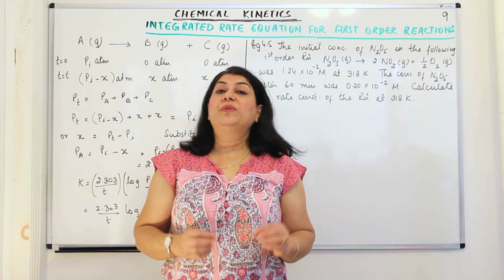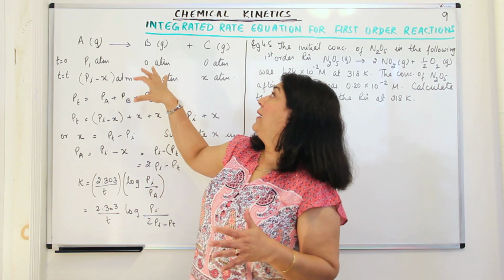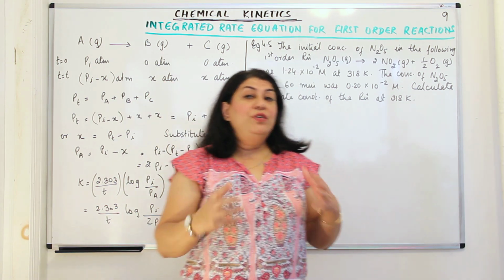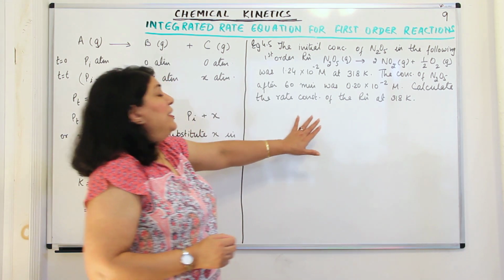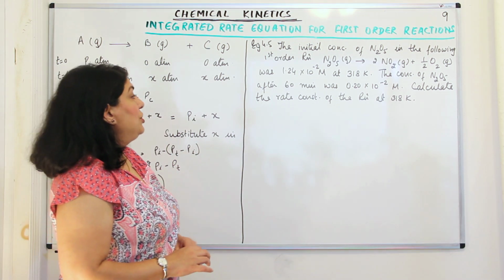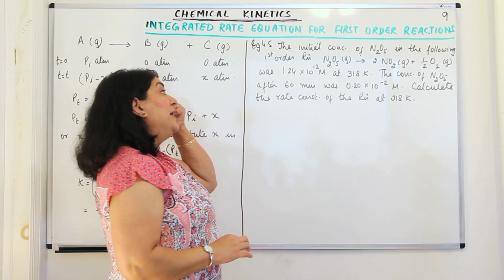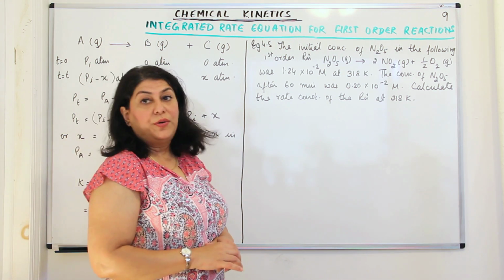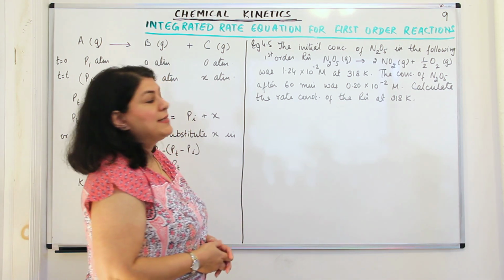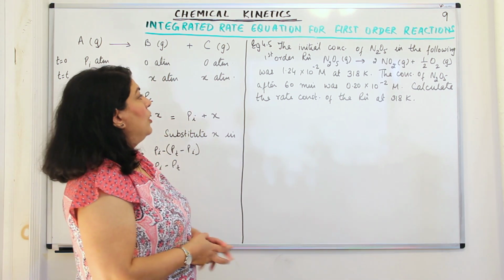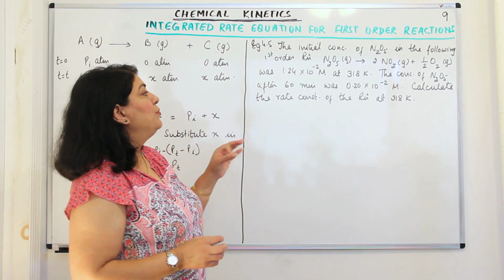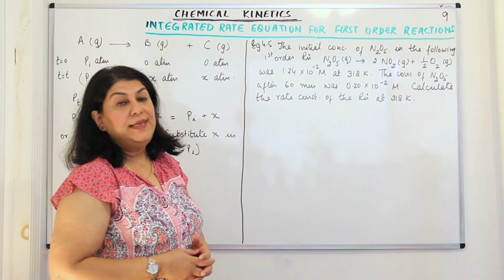Now, there are two numerical problems based on the calculation of the rate constant on this topic, which we will be solving. This first question is the solved example of your textbook. It is example 4.5. The question reads that the initial concentration of N2O5 in the following first order reaction, N2O5 gives you twice NO2 plus half O2, was 1.24 into 10 to the power minus 2 moles per liter at 318 Kelvin.